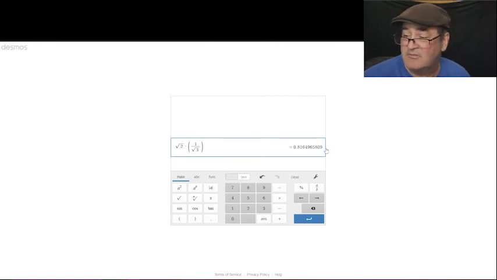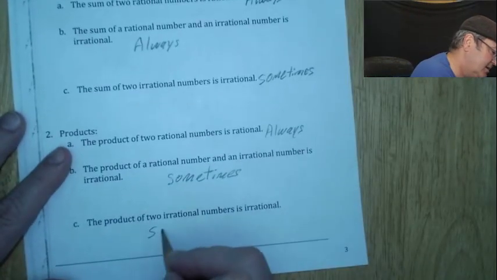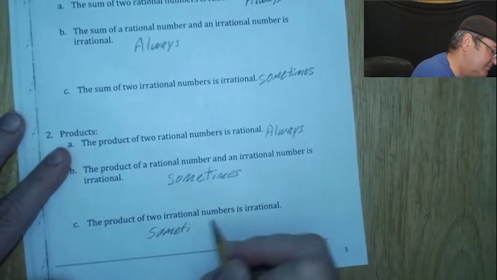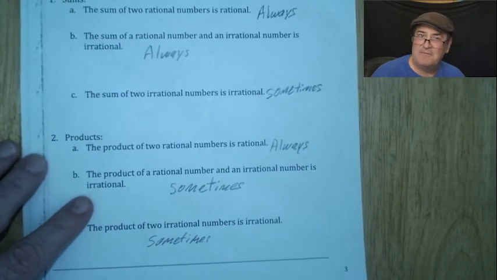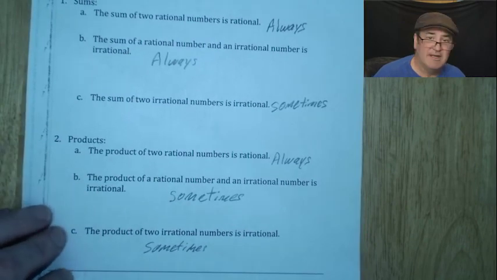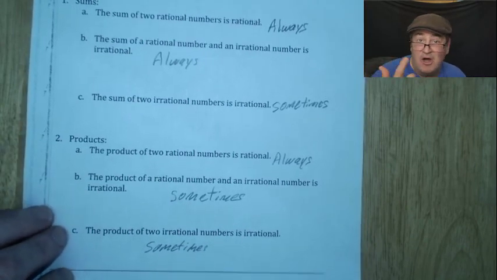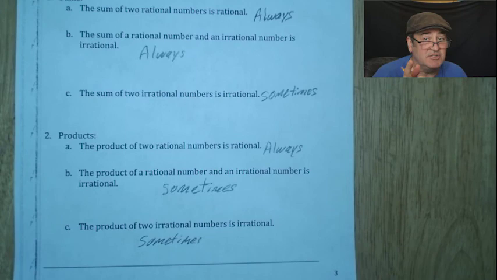So this is another one of those that is a sometimes, because sometimes we got negative 3. If we took square root of 3 times square root of 3, we get positive 3. If we took square root of 3 times 1 divided by square root of 3, we got 1. So sometimes the product of two irrational numbers can be rational.